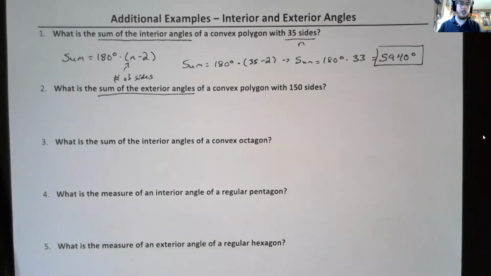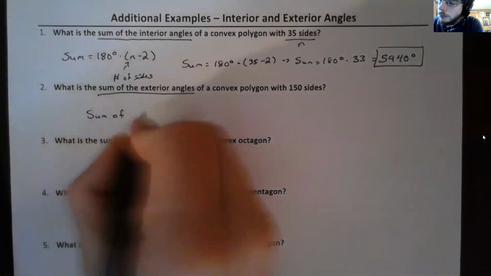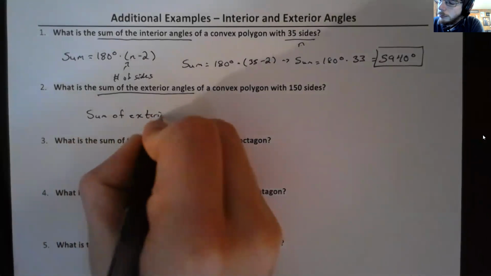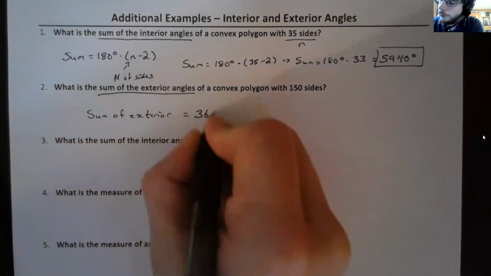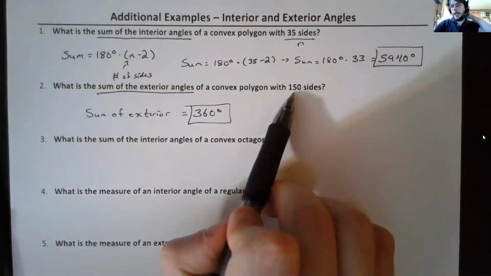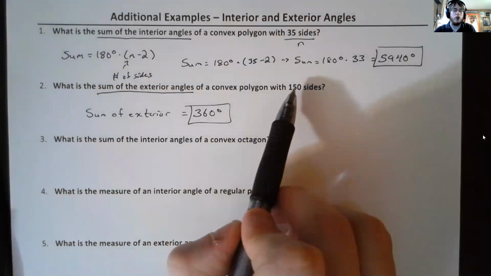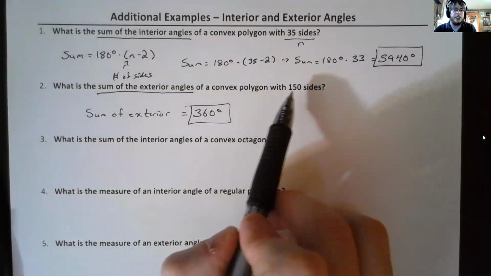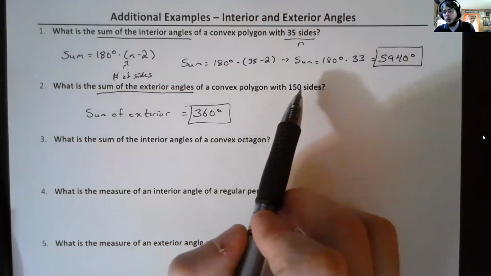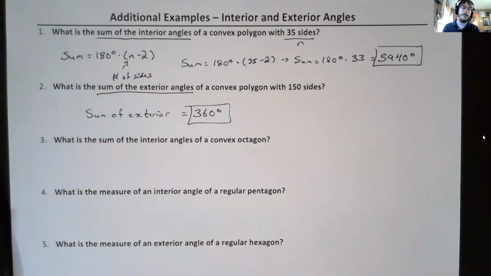It is always equal to 360 degrees. It does not matter if it says 150 sides, or 200 sides, or 4 sides, or 565 sides, and so on and so forth. The sum of the exterior angles is always equal to 360 degrees.